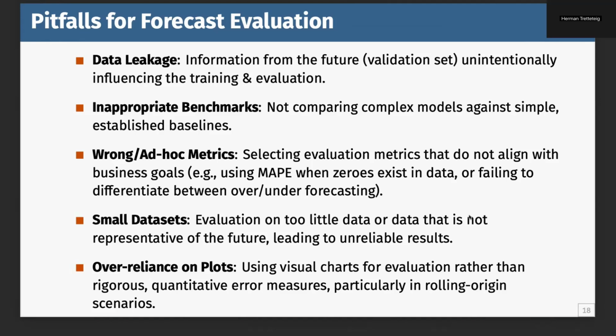So another thing that we sometimes miss is selecting evaluation metrics that do not align with business goals. Think about again the quantile that I mentioned. What you care about is a quantile, but you assess your models based on squared error. This is a misalignment.